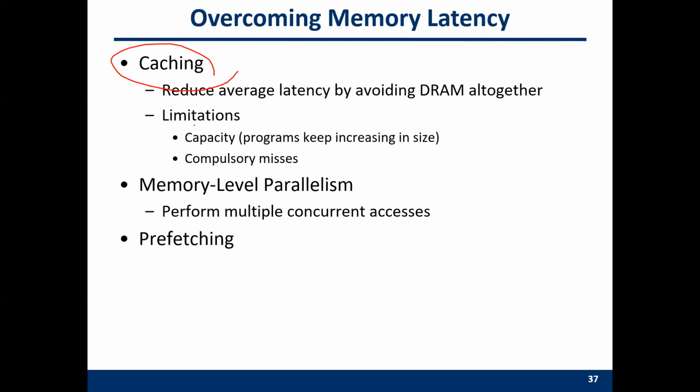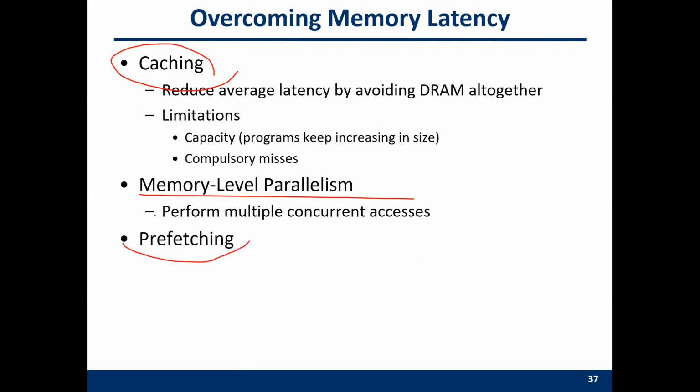People have tried all the schemes to improve cache behavior. Further reducing the cache miss rate is very difficult. And then you can improve memory level parallelism. So caching can reduce the number of your DRAM accesses, and memory level parallelism can improve the concurrency of your DRAM memory accesses.